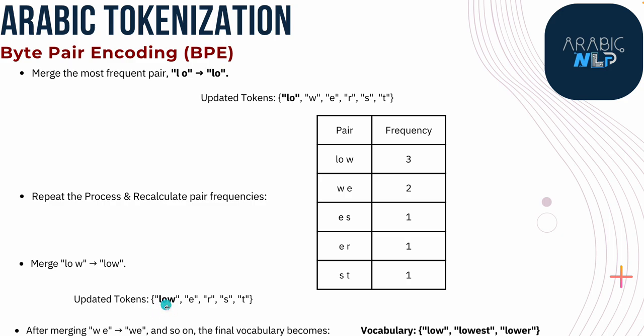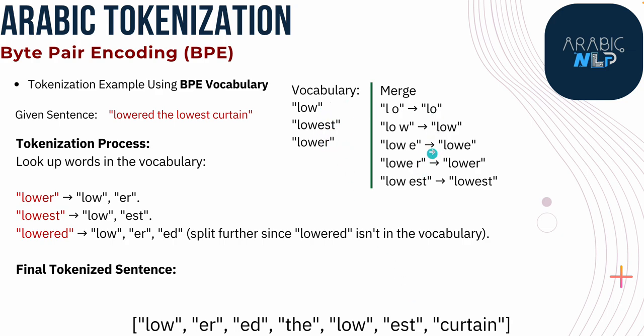If you notice, when I update the tokens, I start seeing subword-level tokenization. After we merge, we end up with a vocabulary and a list of merges. At each iteration I do a merge, and you can see I end up with these 5 merges, along with the vocab that I made.